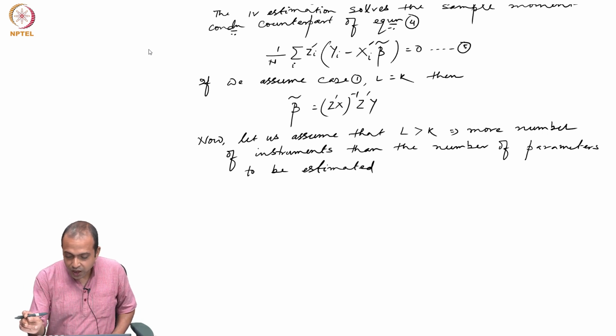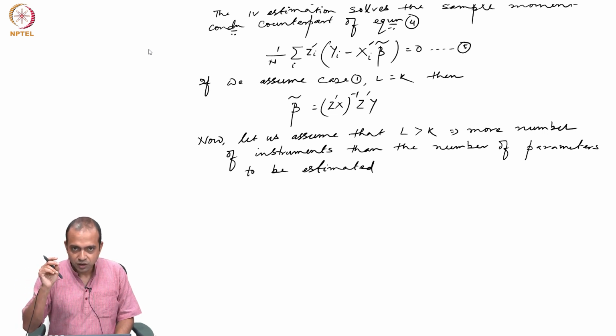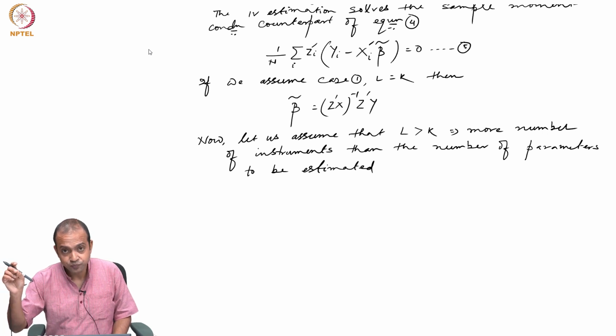So here I have assumed that the number of equations equals the number of instruments, which equals the number of parameters to be estimated.